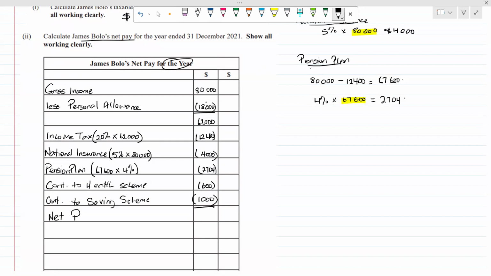Net pay: 62,000 minus 12,400 minus 4,000 minus 2,704 minus 600 minus 1,000. So the net pay here is 41,296. And this is Bolo's net pay.